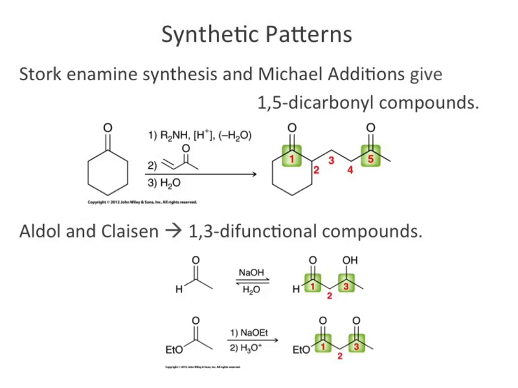So if you look at a product and you see your functional groups are separated by 3 carbons, or actually technically by 1 carbon, but there's 1, 2, 3 carbons in that numbering system, you probably could go through and do an aldol reaction. If they're separated by 5 carbons, you could probably go through a Michael addition type reaction.